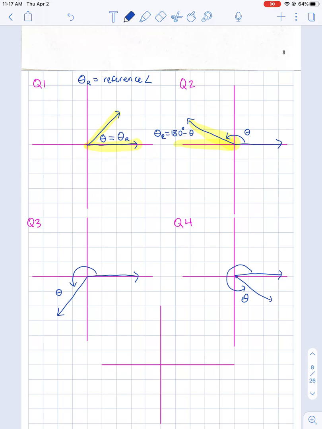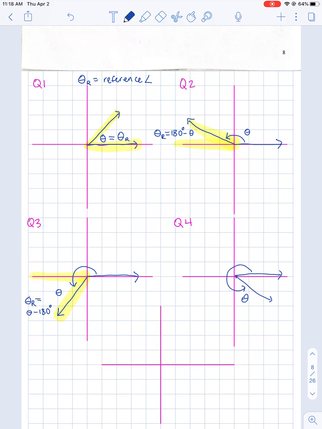So in quadrant 3, I see that I've overshot the x-axis. In the third quadrant, the x-axis closest to the terminal side is the negative x-axis. So to find the reference angle in quadrant 3, we would take the original angle and subtract out 180 degrees or pi to figure out what that acute angle measure is.